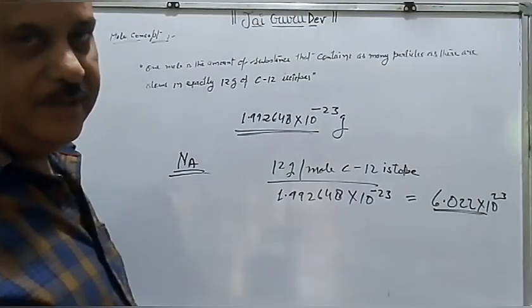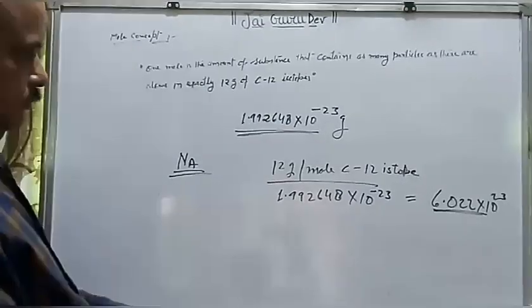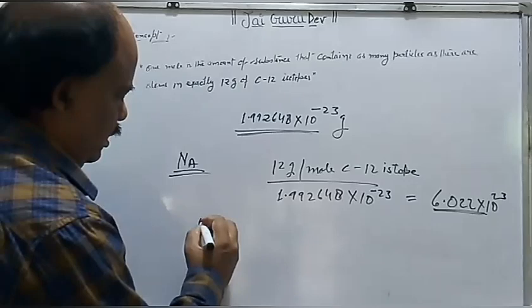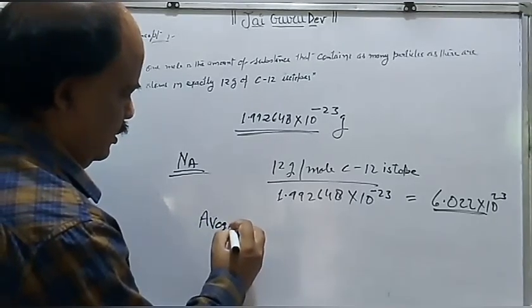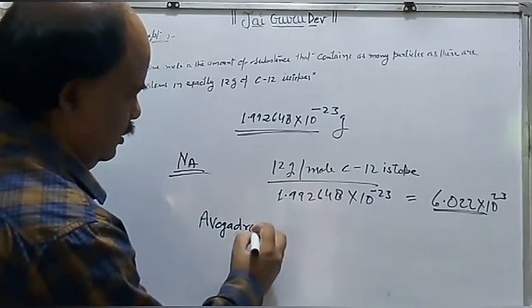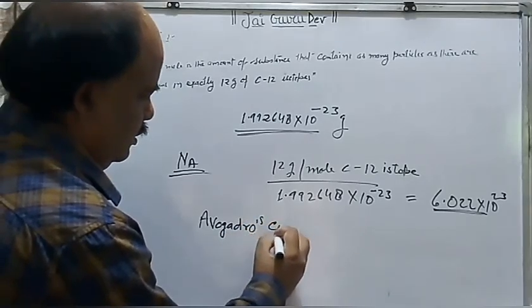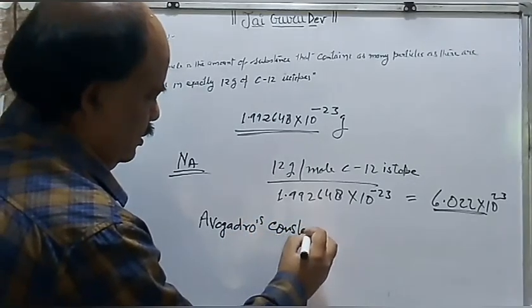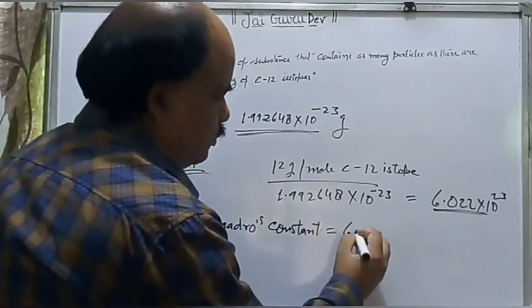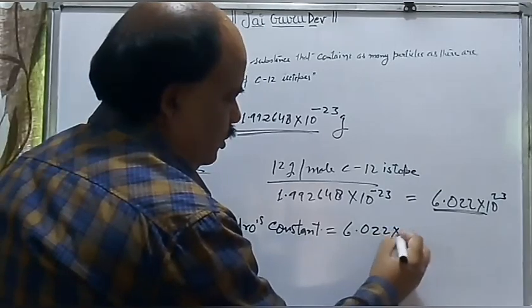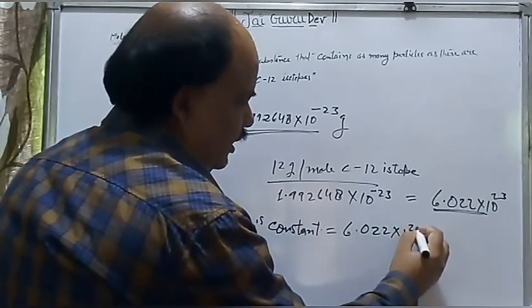Avogadro's constant equals 6.022 into 10 to the power 23.